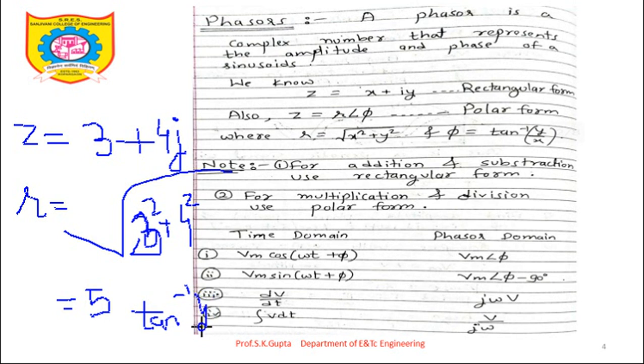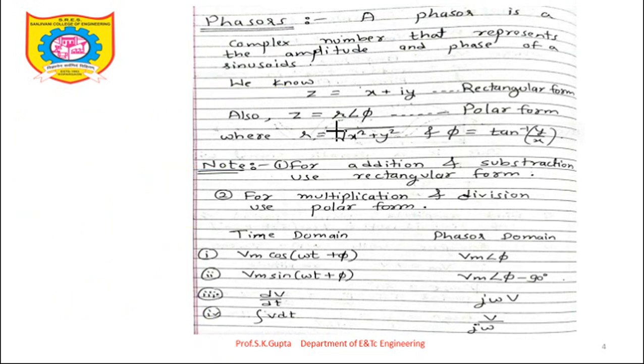Or if you don't want to use the square root formula, then you can take the help of a calculator. In the calculator, one function is available: we can convert rectangular to polar, or polar to rectangular. Suppose I provide you a complex number in polar form. How will you convert it into rectangular form?